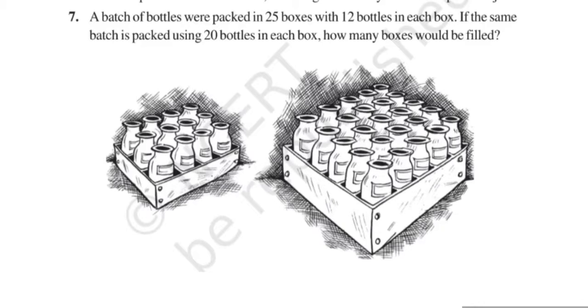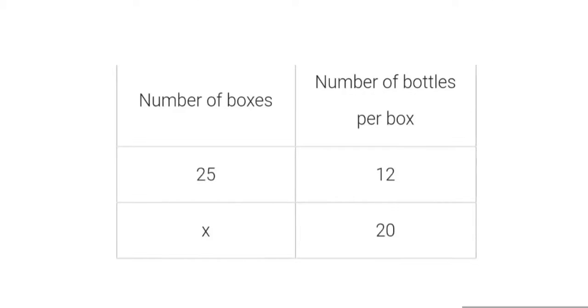Now see question number 7. A batch of bottles were packed in 25 boxes with 12 bottles in each box. If the same batch is packed using 20 bottles in each box, how many boxes would be filled? See the solution. If the number of bottles is increased, then the required number of boxes will be decreased.